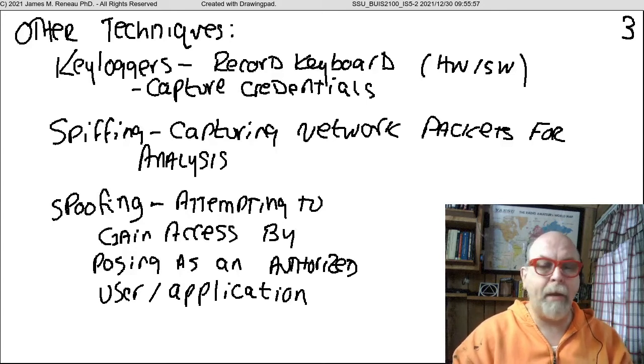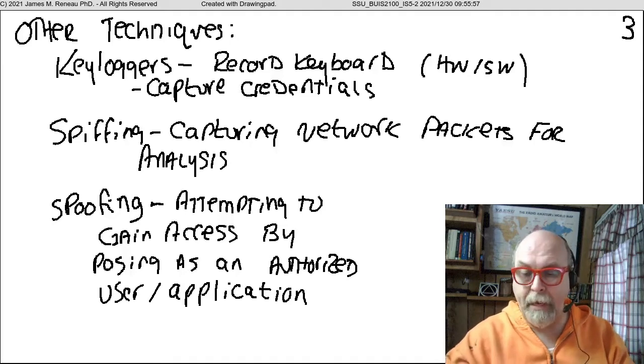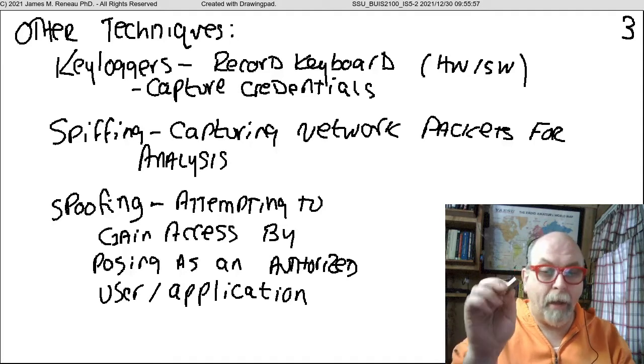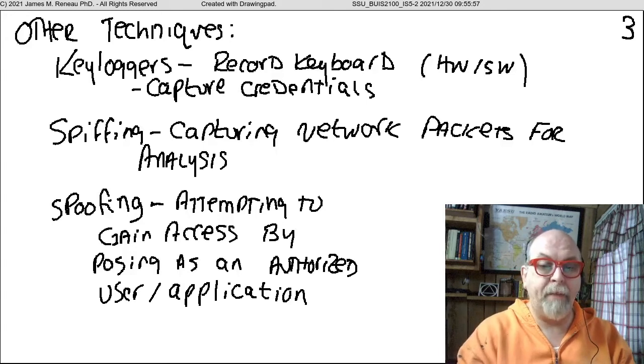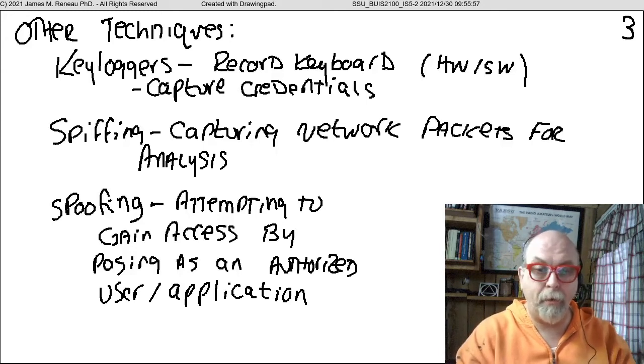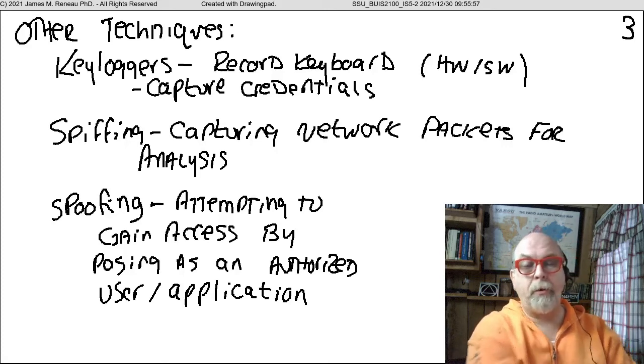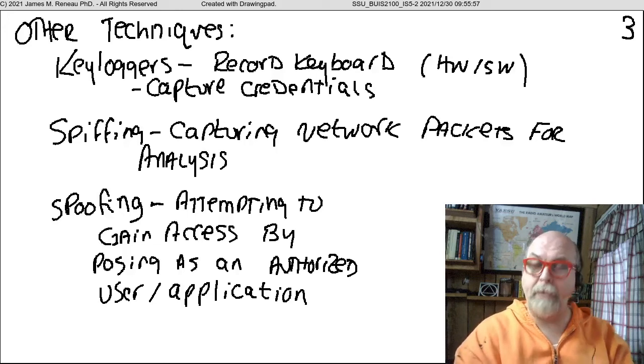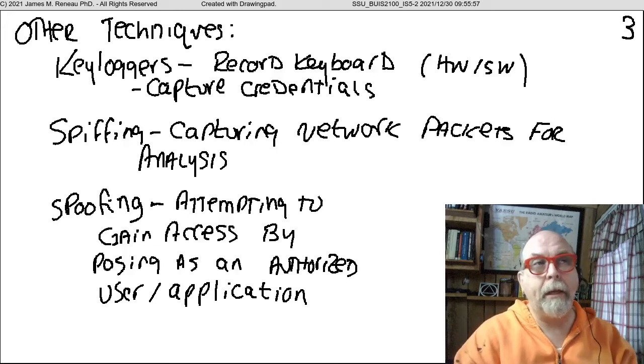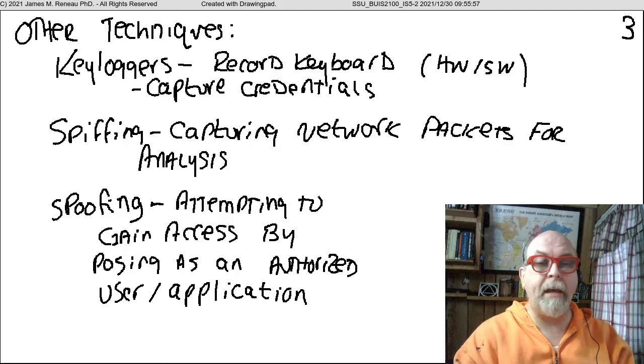If somebody attached a little USB dongle to your computer, that records every keystroke, for me to go and get this piece of hardware off of your computer later, or had a piece of software loaded on your computer that was logging every keystroke, I would very quickly know your bank passwords, your user IDs, and all of those things, wouldn't I? And they can be hardware or software keyloggers.